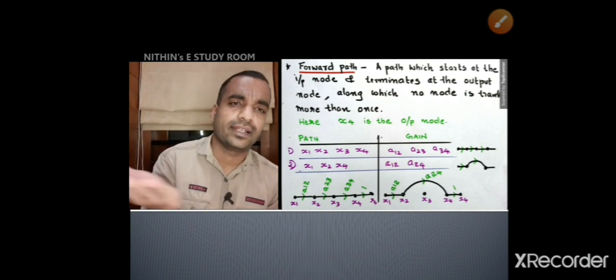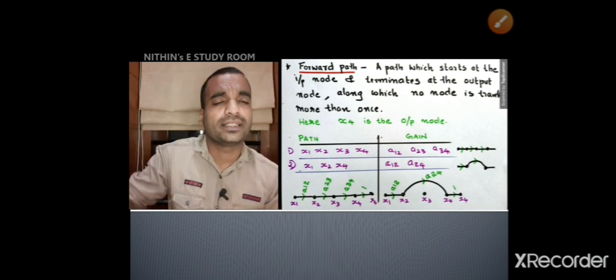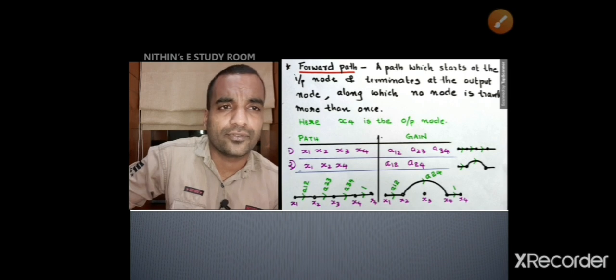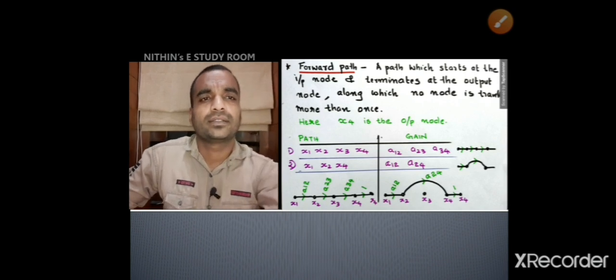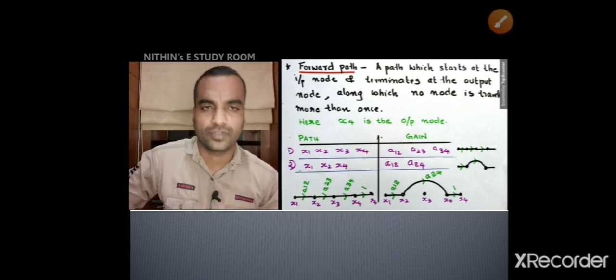I just drew that path alone, and the gain of that path is a12, a23, a34, and this is the second path, x1, x2, x4, and the gain of that path is a12 into a24. So these are the two forward paths.